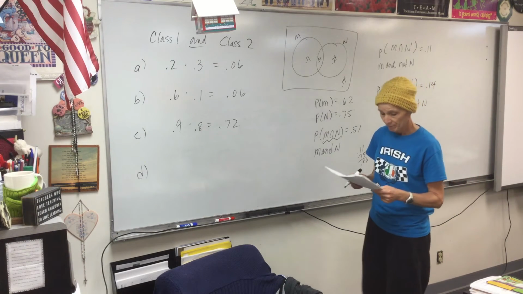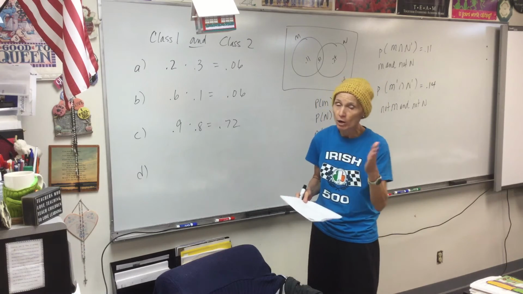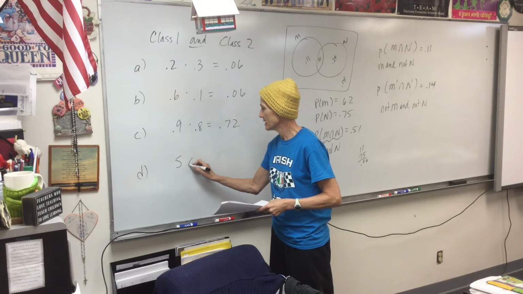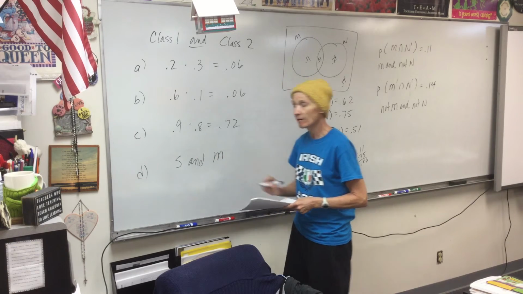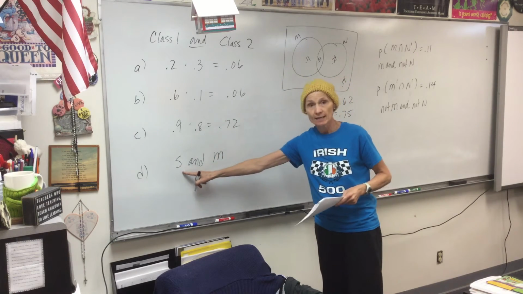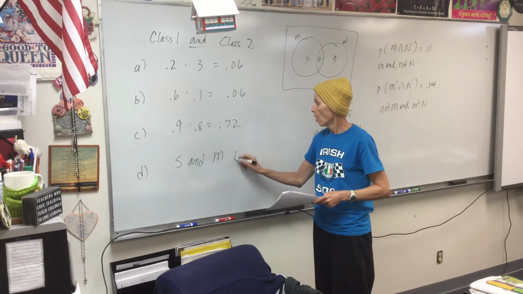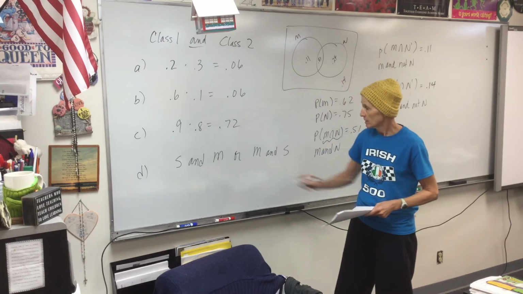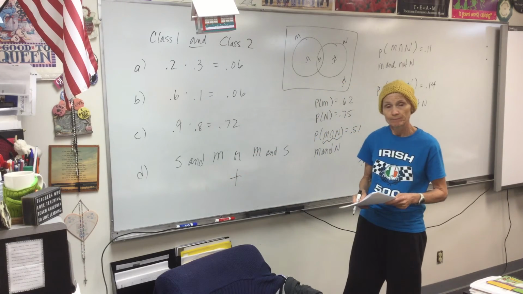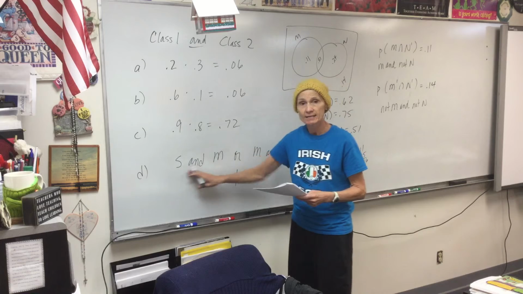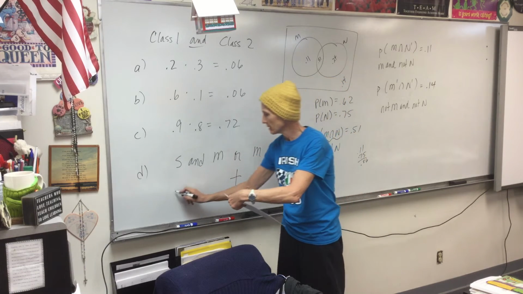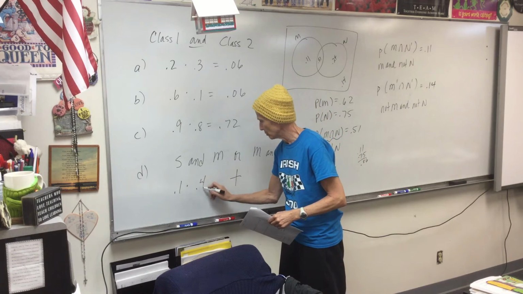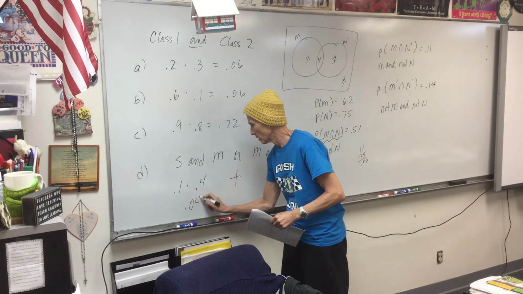D is the tricky one because we don't know who's coming from where. All we know is that we could have science and math. So science out of class 1, math out of class 2. Or we could have math and science. So that tells me I'm going to be doing an addition. All right, let's do science and math. So science out of class 1 and math out of class 2. So that would be 0.04.